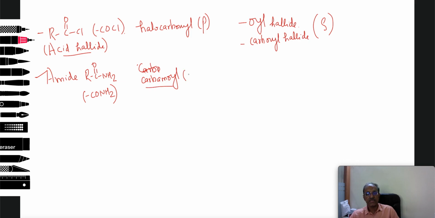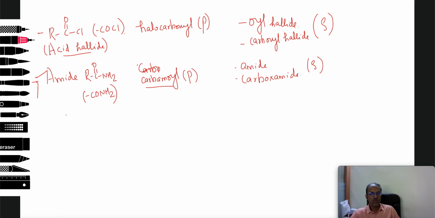This will be the prefix, and the suffix happens to be amide or carboxamide. So amide RCONH2: carbamoyl is the prefix, and amide or carboxamide is the suffix.